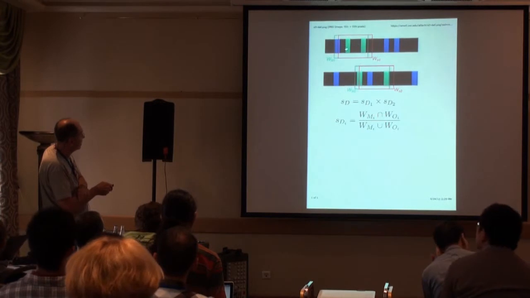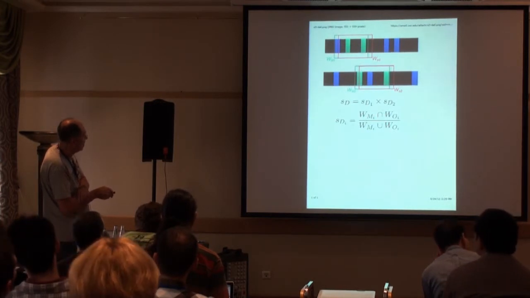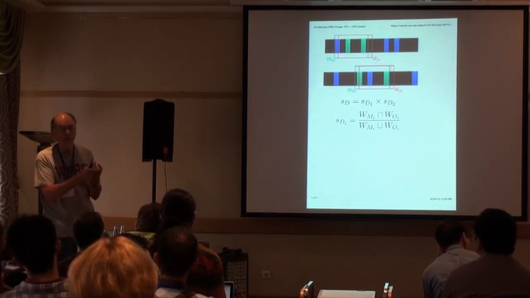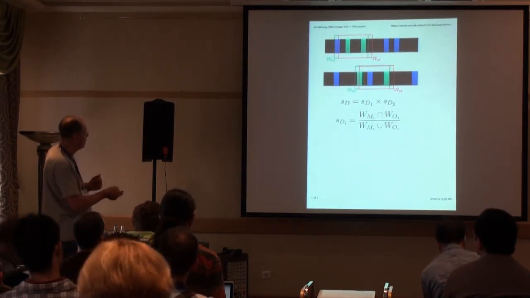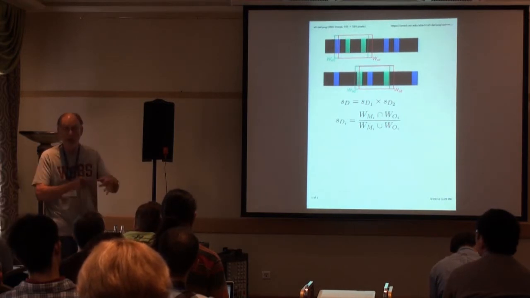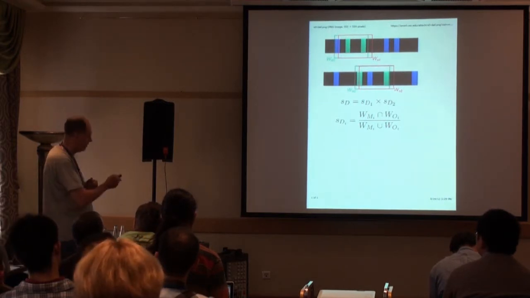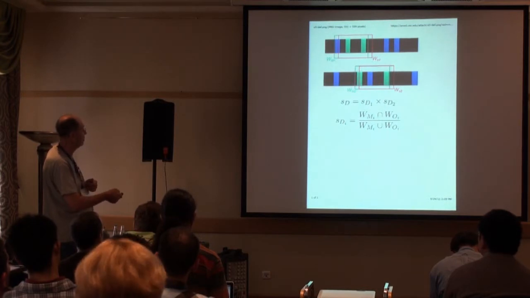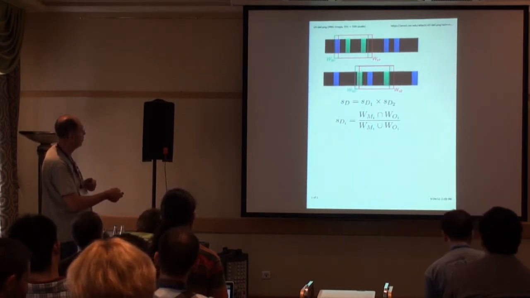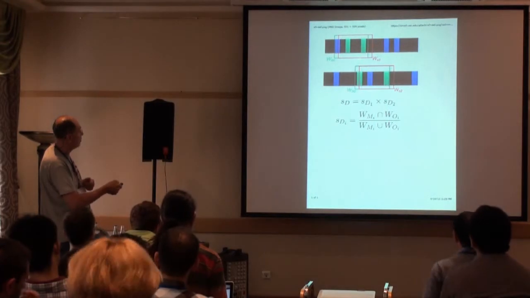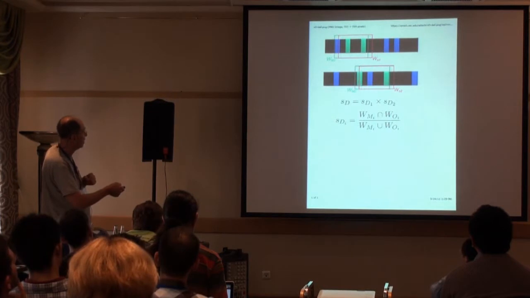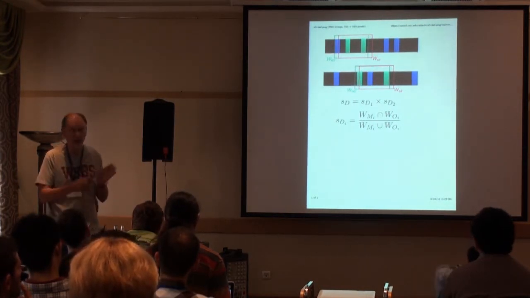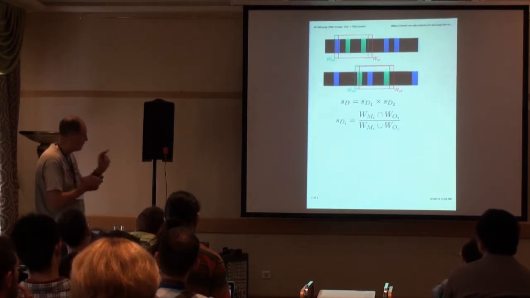You look at the length that's common to both of them, and you divide by the length of their union. If you were perfect, one on top of the other, those would be identical and it would be 1. If they're disjoint, the top would be 0, so the score would be 0. So it's a number between 0 and 1. We do that in each of the A sequence and B sequence, and we multiply those fractions. So that's the number we used.